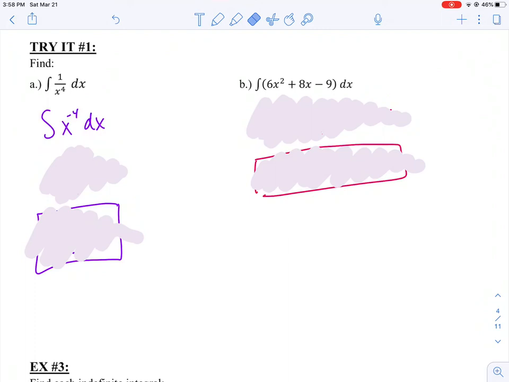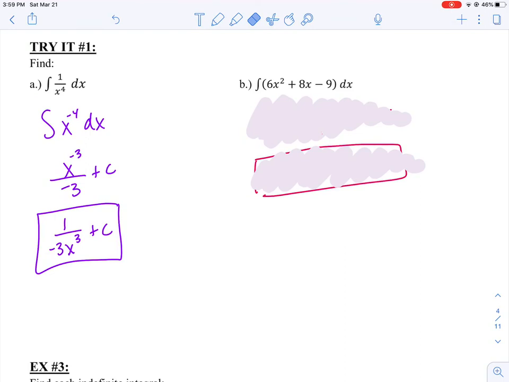So on try-it number 1a, I brought it up to the top, made it x to the negative 4. I then integrated using my power rule where I added 1 to the exponent and divided by that new exponent. And then I just moved things around so that I had a positive exponent in the end. I was okay with a negative 3 on the bottom, so I just brought that x cubed down to the bottom as well.